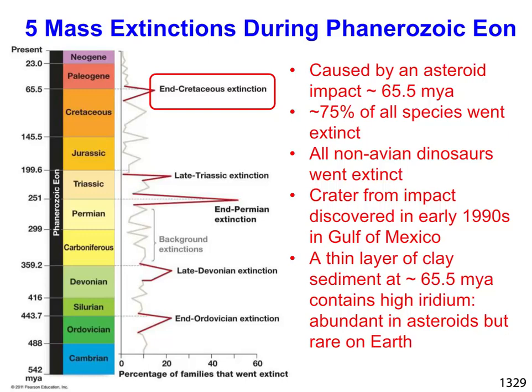It was found in the early 90s in the Gulf of Mexico. What's interesting about this is right around the 65 million year ago mark, there's a layer of sediment all around the Earth that contains what's called iridium. And iridium is generally only found in asteroids, and it's very rare on Earth. So those lines of evidence suggest that the asteroid really is what caused the dinosaurs to go extinct.